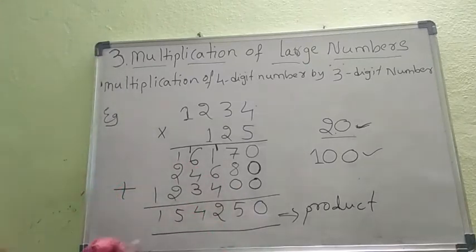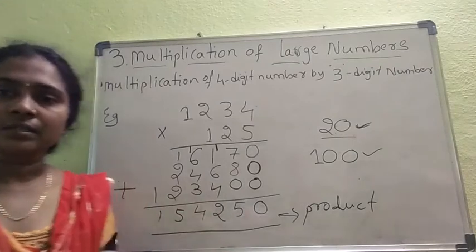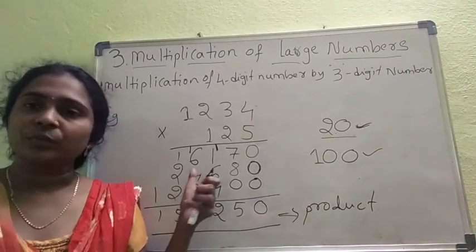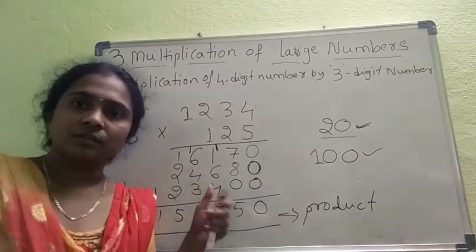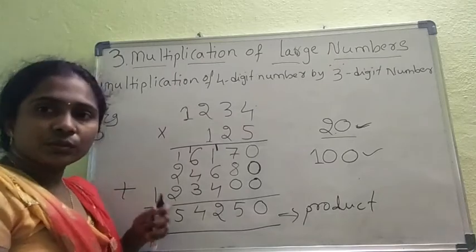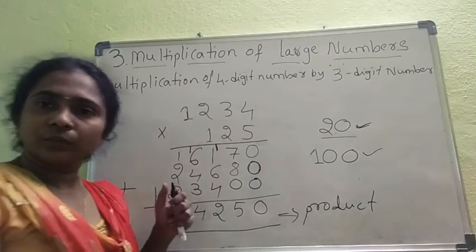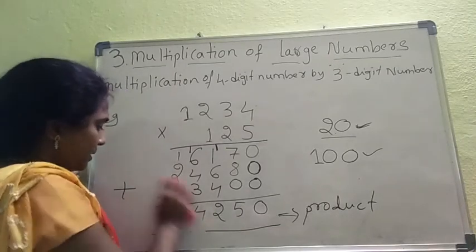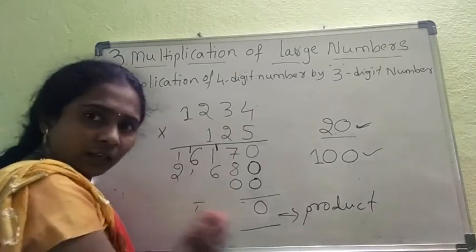I explained two examples. After the class, I will explain one more from the exercise also. Then the remaining bits you should do yourself in the homework book, okay? Complete the exercise sums, the remaining you should do, okay?